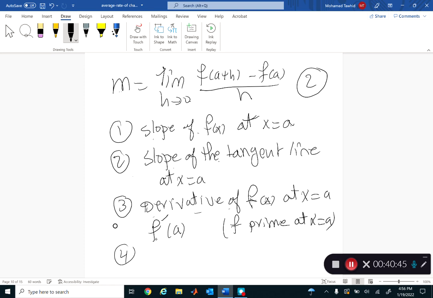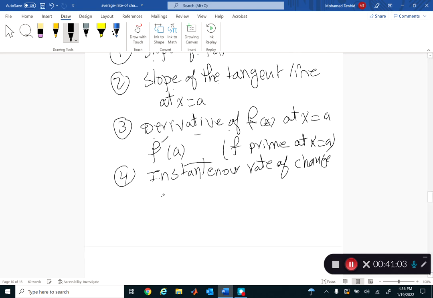Number 4, we call it instantaneous rate of change of your f of x at x equal A, right?